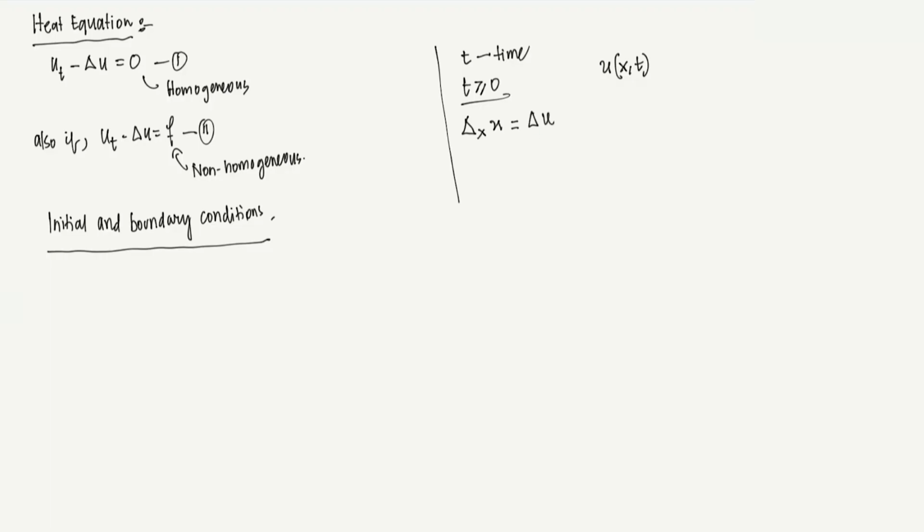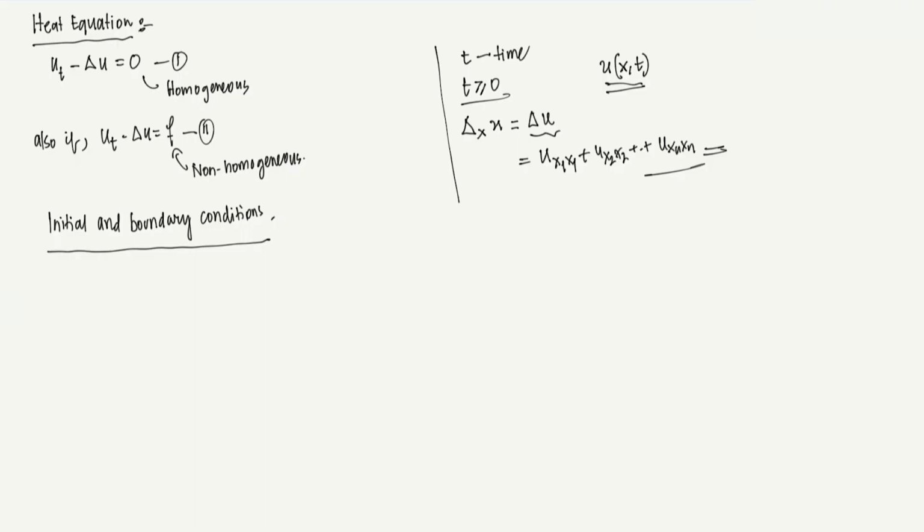Although u is a function of x and t, this Laplacian is essentially nothing but u x1x1 plus u x2x2 plus up to u xnxn. There is no t variable involved here, so it is only the second order derivative with respect to the space variable x.